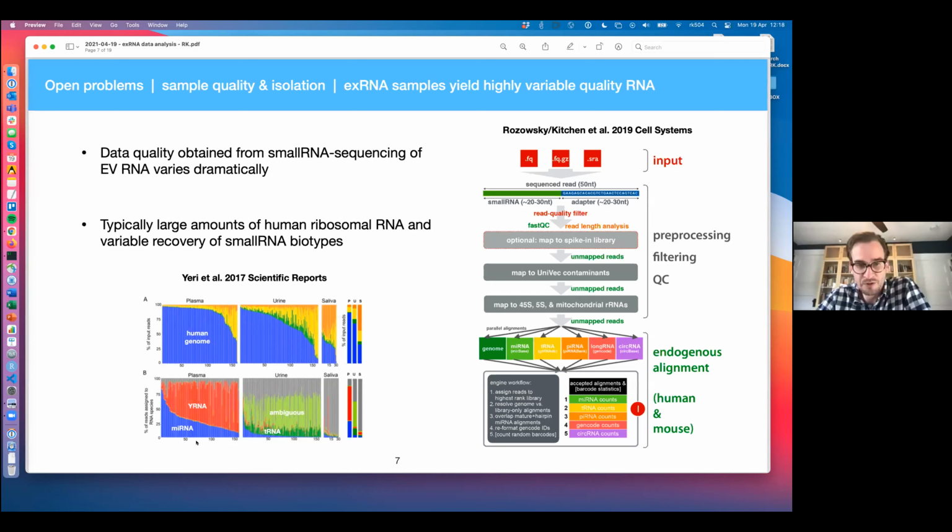Some samples are dominant for microRNA. In urine, this flips completely, where you usually have a majority contribution from tRNA and various ambiguous fragments of longer RNAs that have been chopped up. And again, some small contribution from microRNAs. And saliva, very little. A large fraction of this is exogenous.